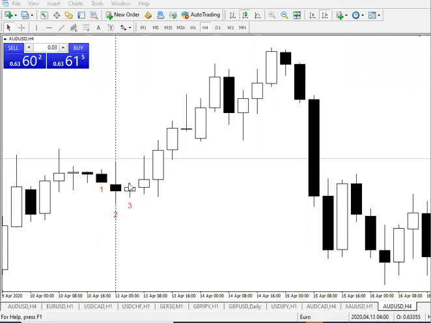Once bar 3 has been violated and closed, which this one has, you take the high of the fourth candle. That's your signal line to go down to the H1.